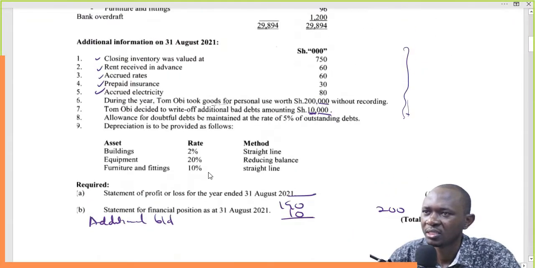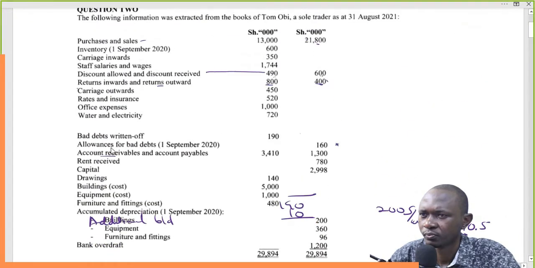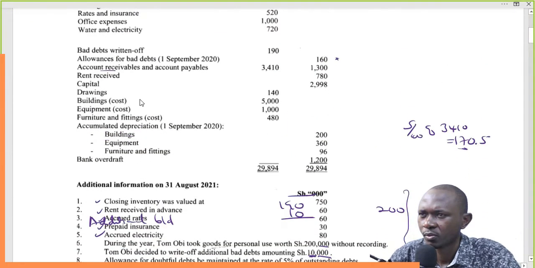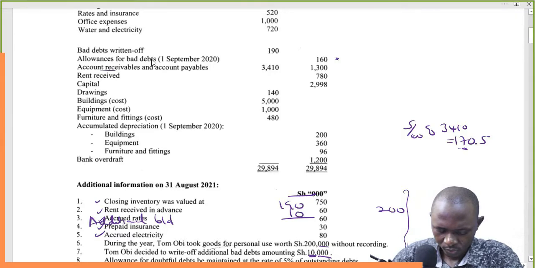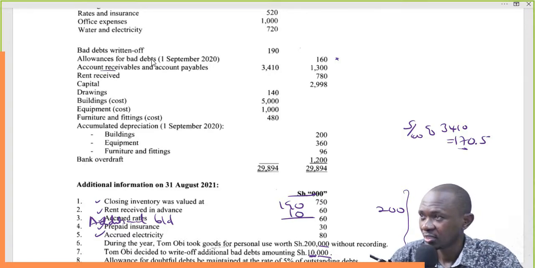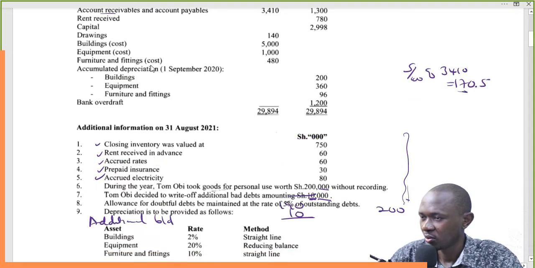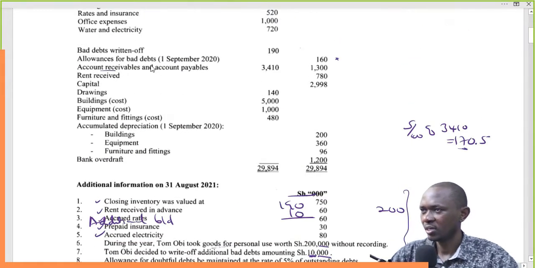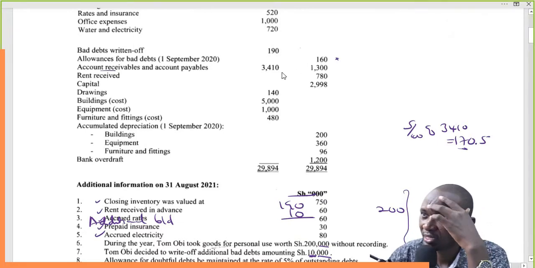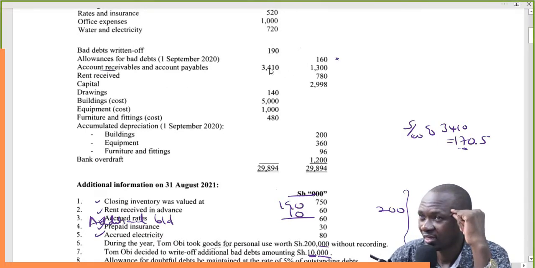Now we proceed. Now allowance for bad and doubtful debts. There was an increase. Now, what I'm wondering is whether, should we write off the bad debts first?